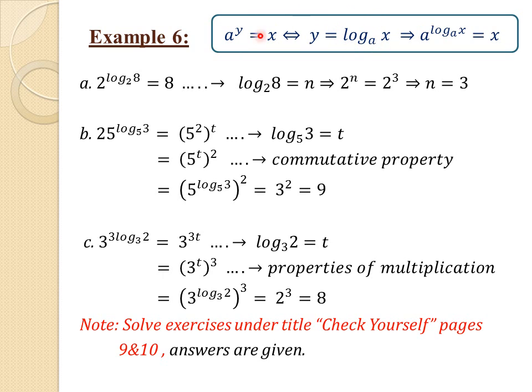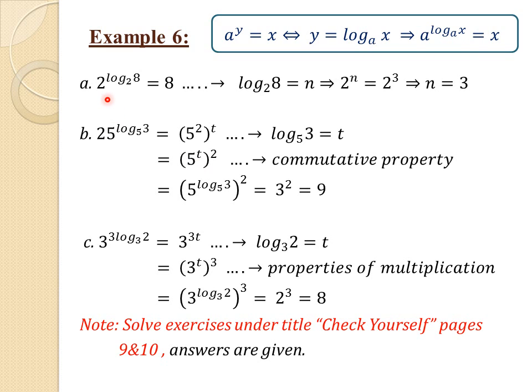It's going to be a power logarithm x base a. Thus equal x. Here it is. Means that if you have a base a raised to logarithm with the same base, you see the like bases, so the final answer is just the argument x.